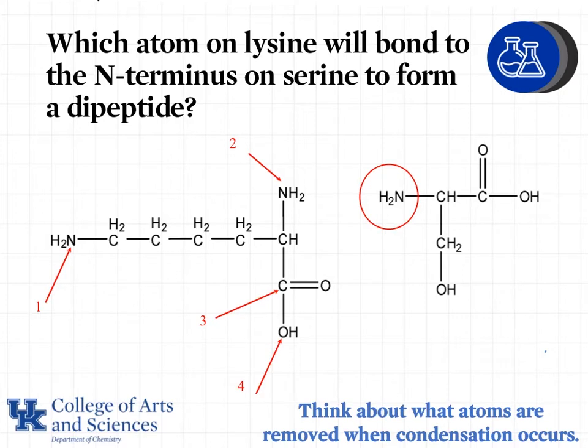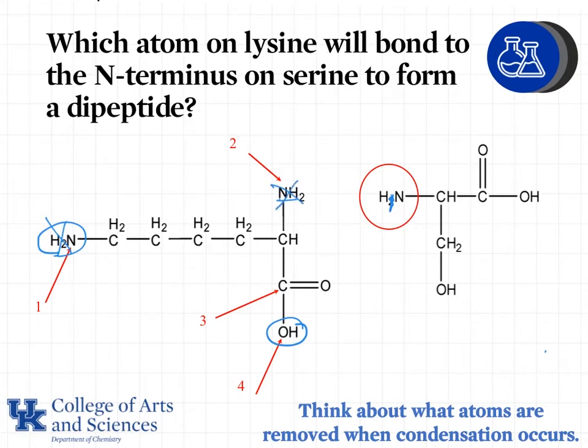So in order to form the bond, I'm going to have to lose an OH and an H. So we'll only have 1 hydrogen left on the amine group. This NH2 cannot be involved in bonding because it's part of the side chain and it's never going to be there. My NH2 can't be involved because I can't have an amine group and an amine group bond together.